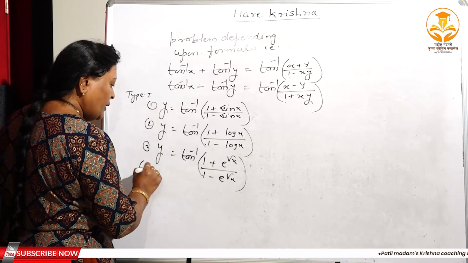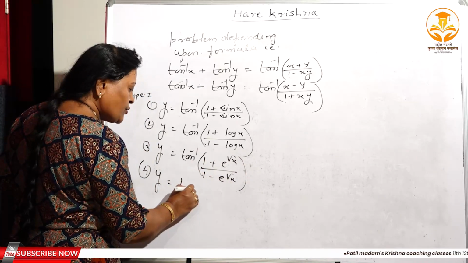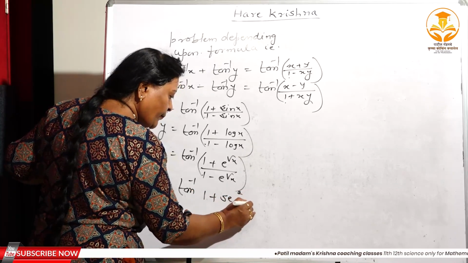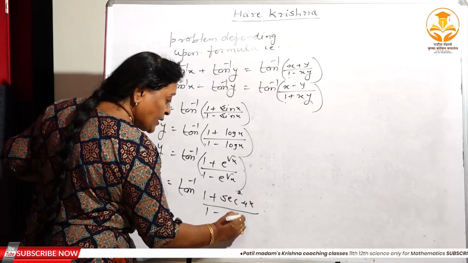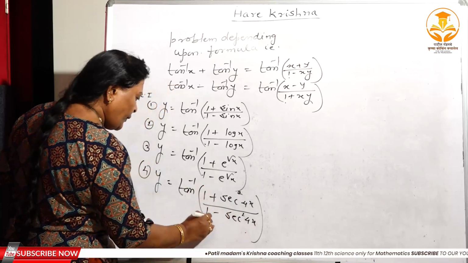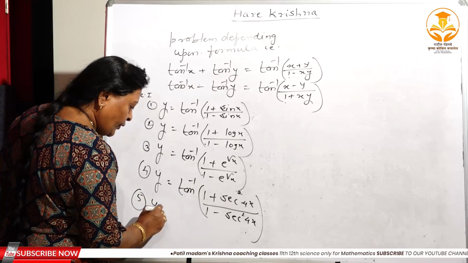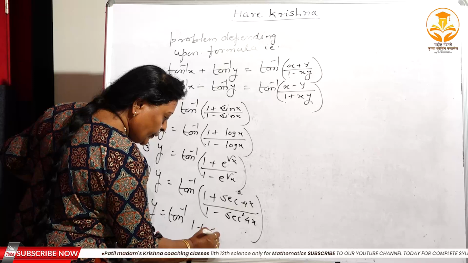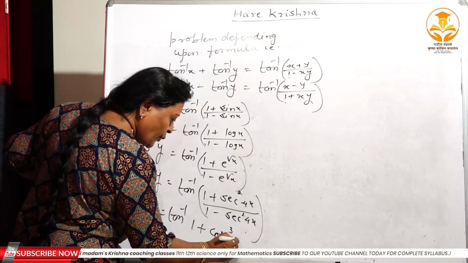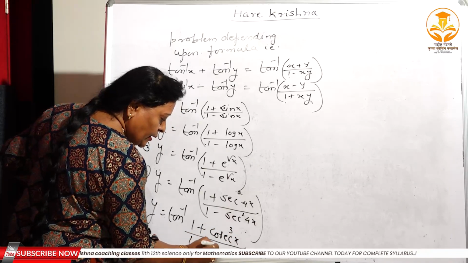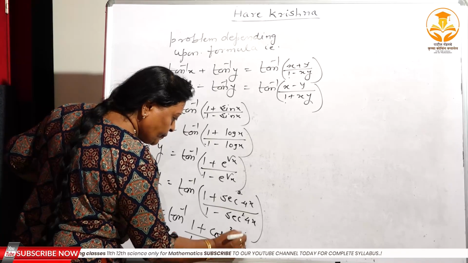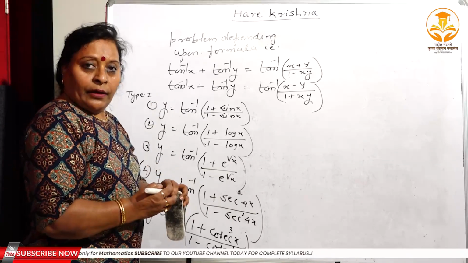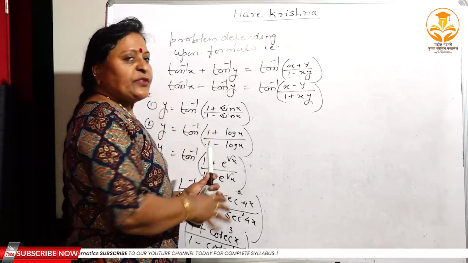Fourth one, y is equal to tan inverse of 1 plus sec square 4x divided by 1 minus sec square 4x. And the fifth one, tan inverse of 1 plus cosec cube x divided by 1 minus cosec cube x. So write down all these 5 problems yourself and see what this formula is.